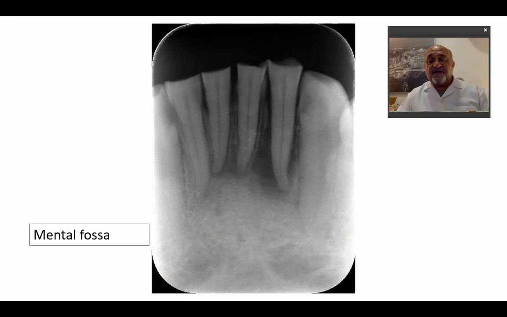mental fossa. The mental fossa is located just apical to the mental ridge, and it is a depression on the bone, on the mandible. By the way, when it comes to radiography, a fossa is an area where there is diminishing of bone trabecules.